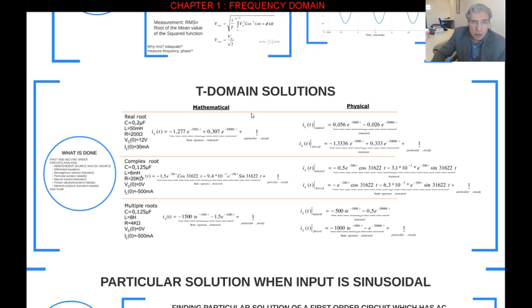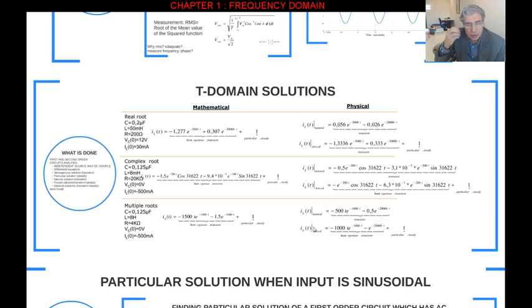So that means we are going to observe the particular solution after a few seconds. This form is also similar in the physical case. With the natural and forced solutions, we are going to observe the same thing: some part is going to be the transient part, and the other part is going to be the steady part.